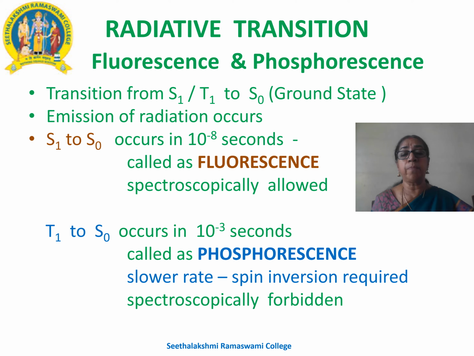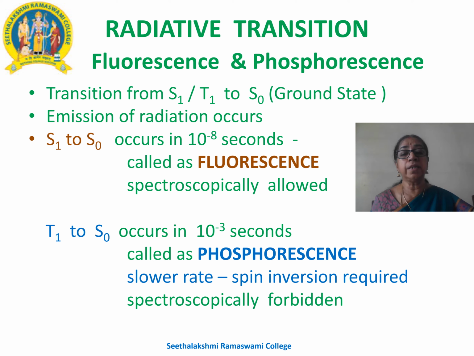The point that should come to mind about fluorescence is that there is emission of light radiation, it is a faster process, and it ceases as soon as the light source is cut off.